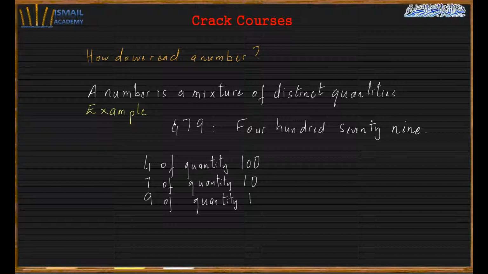I read the value of this type of quantity, which is the 100. So I read 4 of 100, and instead of saying 4 of 100, we say 400. Instead of 710, we just agree to use 70. We use 7 of the quantity 10, so instead of saying 710, we say 70, just to make it easy to read.